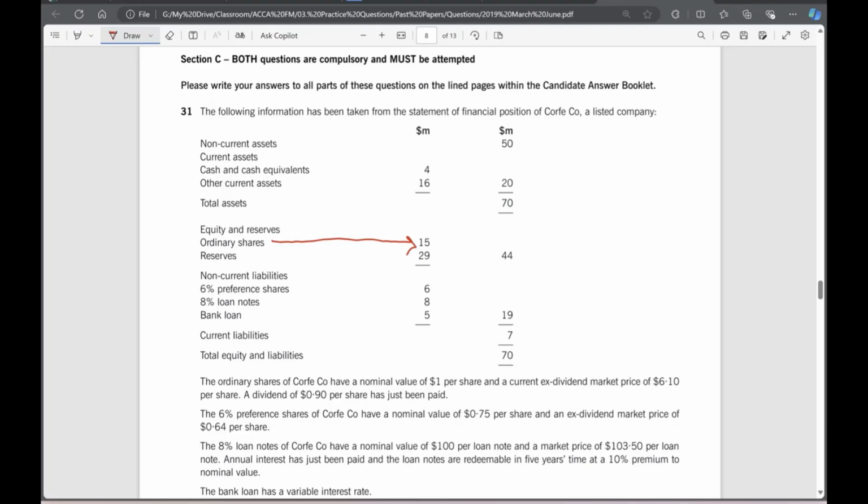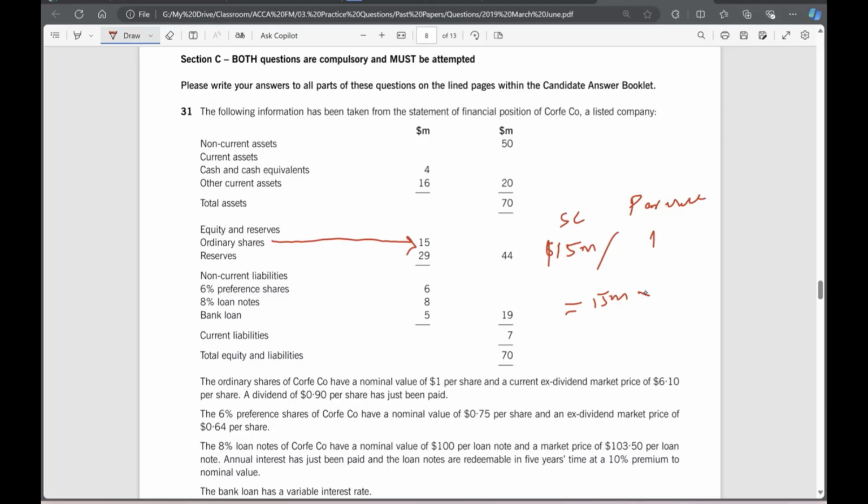To find the number of shares, divide by par value. Luckily, par value is 1 simply. If the par value is 50 cents, then divide by 50 cents, then 30 million will be the number of shares, right? So number of shares is $15 million share capital divided by the par value, which is 1. So you get 15 million.